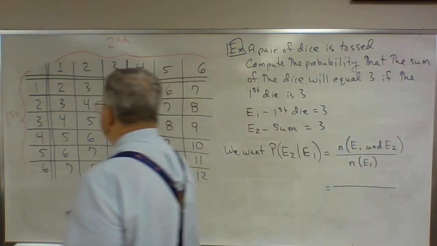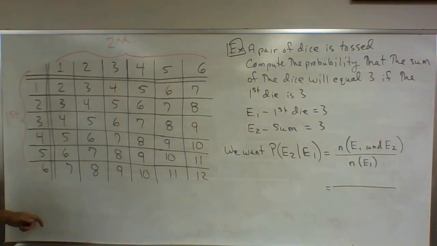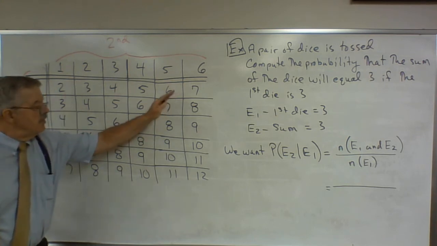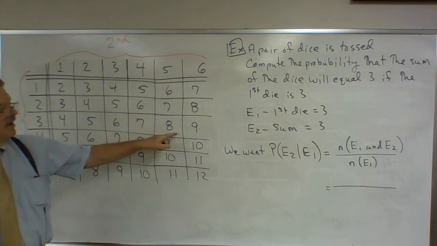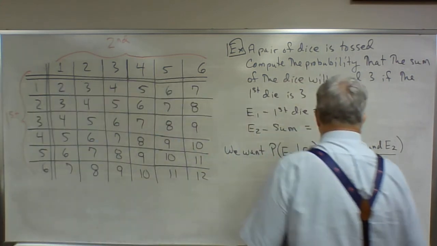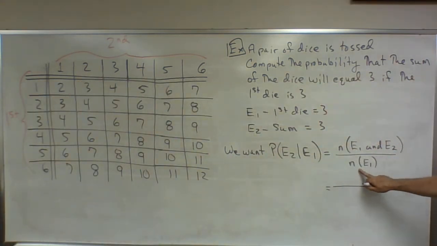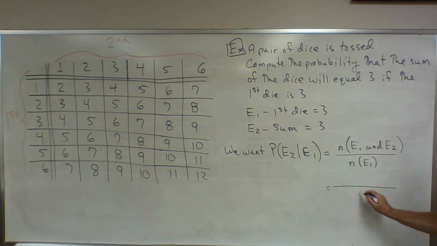In this table, we have 6 rows and 6 columns, 36 total outcomes. And of those 36 outcomes, how many of those result in the first die equaling 3? 1, 2, 3, 4, 5, 6. So the number of outcomes resulting in E1 is 6.